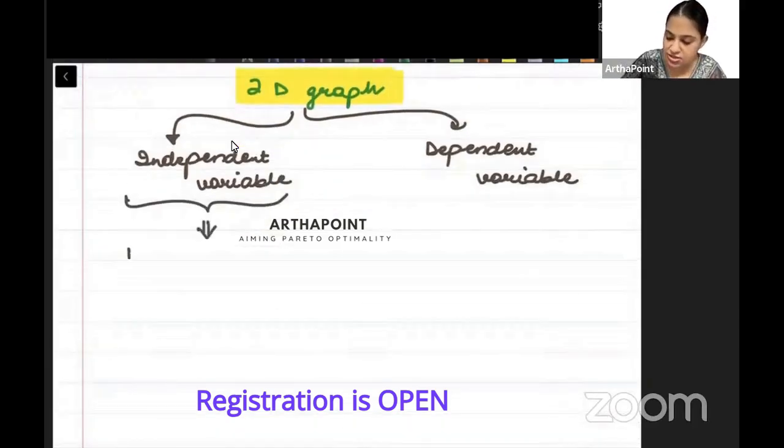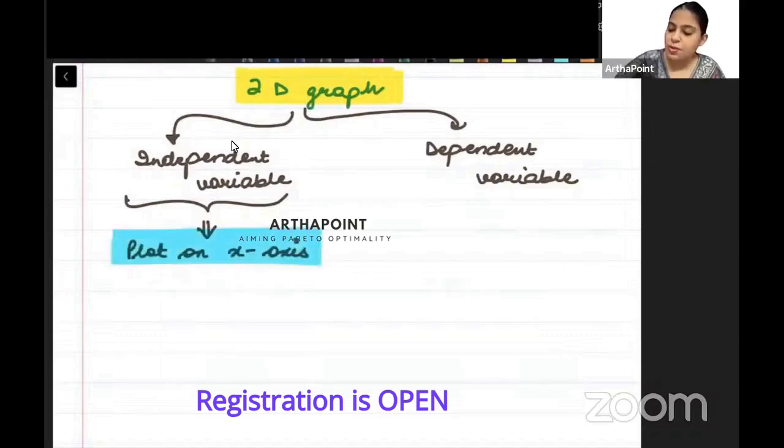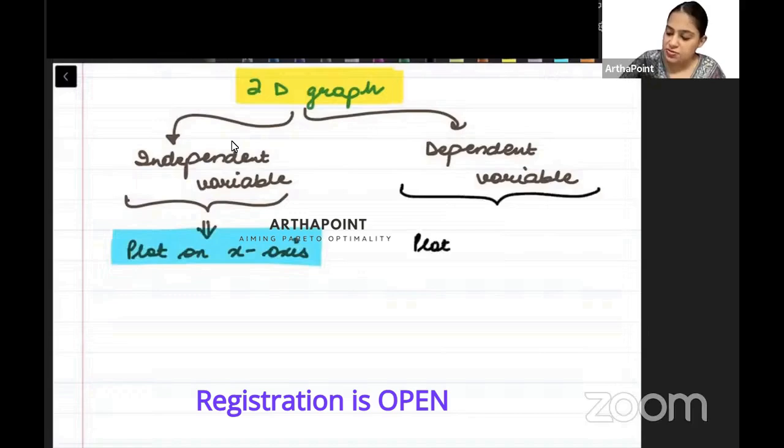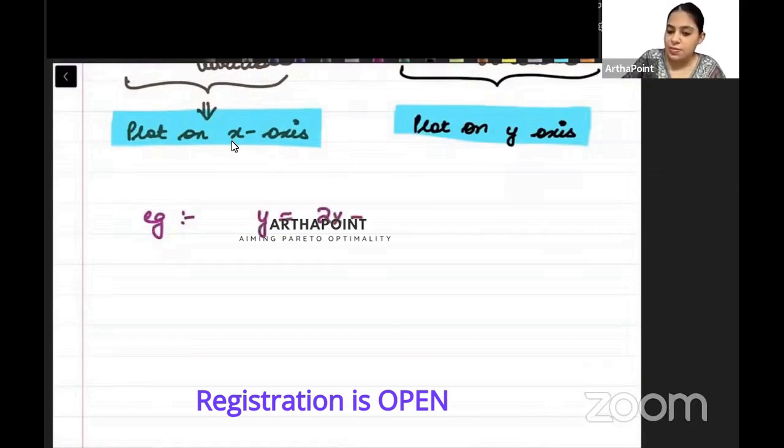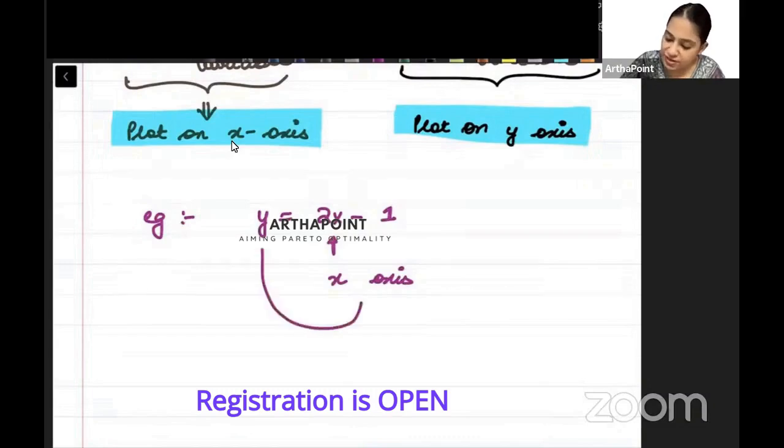We plot that on the x-axis. और जो भी हमारा dependent variable होता है, we always plot that on the y-axis. ठीक है, जैसे for example if I go ahead and I tell you y is equal to 2x minus 1, तो हम x का जो भी value होगा that we will take on the x-axis, and from that we will get a value of y which we will plot on the y-axis.